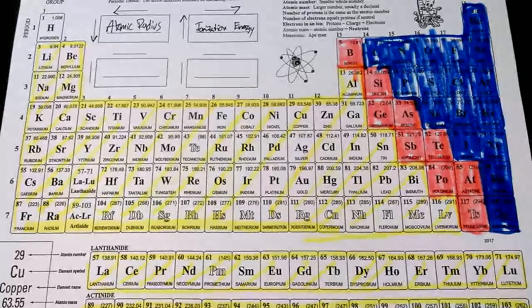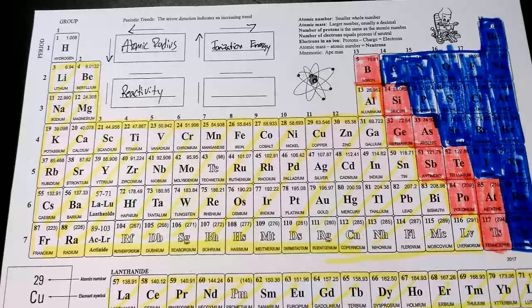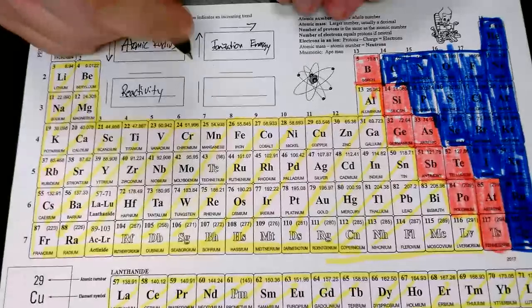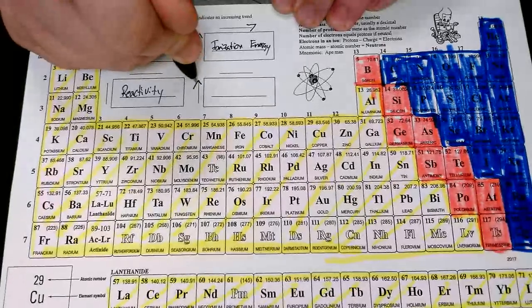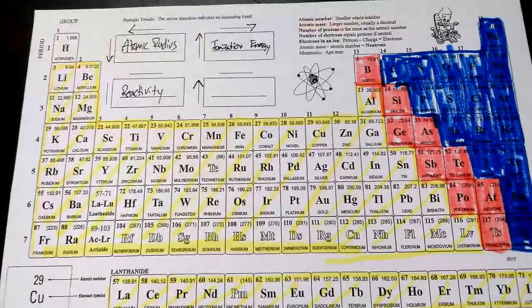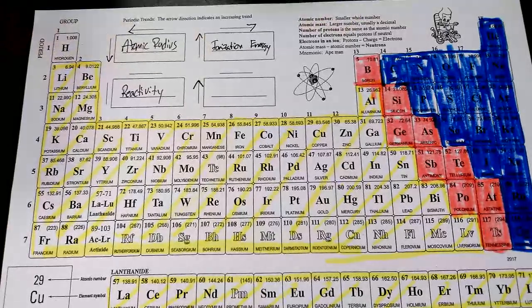The next trend we're going to look at is how reactive elements are. So this is how stable or abundant an element is in nature. As we go up a family, reactivity increases. And for this one, it would help if I put the arrow on the right spot.